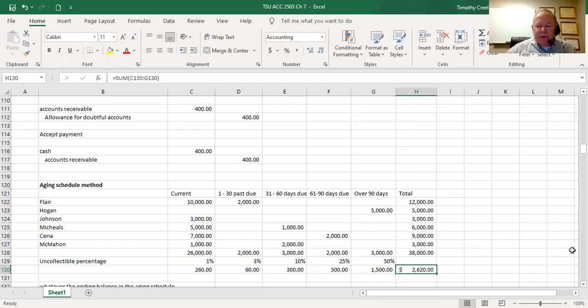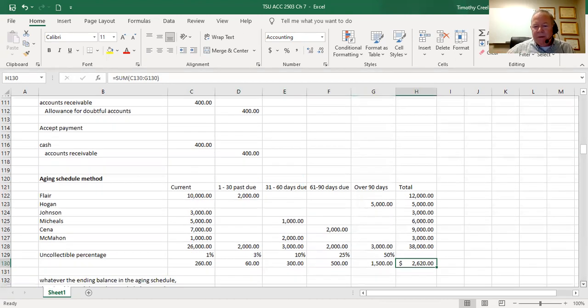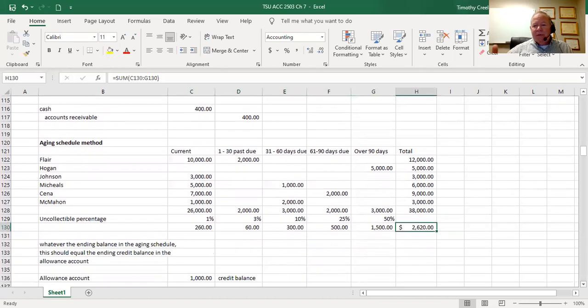So if we're doing the aging schedule method, then whatever the total of the aging schedule is, the total that we feel like we're not going to collect based on the aging schedule, in this case $2,620, should then be the ending credit balance in the allowance account. The allowance account is going to be similar to the percentage of accounts receivable, in that the amount of your adjusting entry is going to be calculated in a very similar manner.